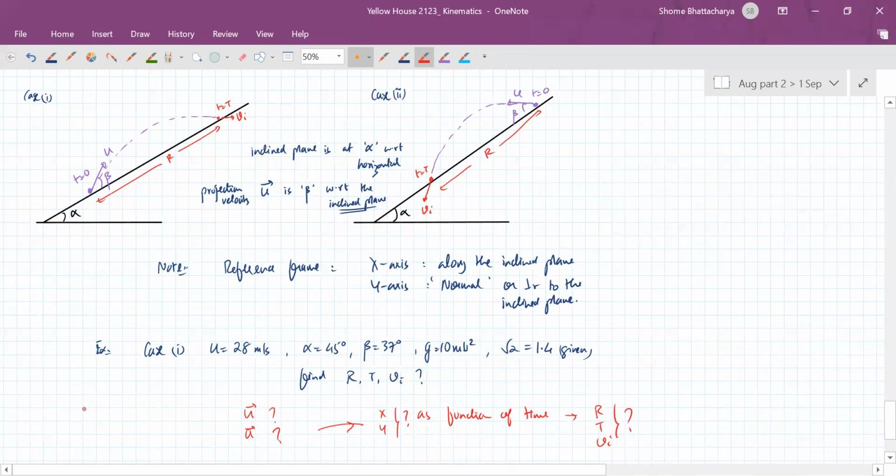So first of all, take the reference frame and then define u, a, and all this. Remember, the acceleration will be g, vertically downwards. But now because you're taking x and y axis as inclined like that, we'll have to resolve g also into two components, which you're used to doing. It's nothing new, it's from Newton's laws.